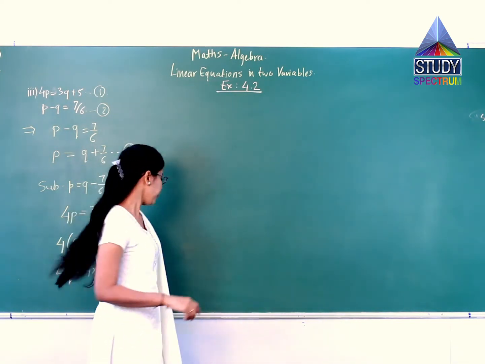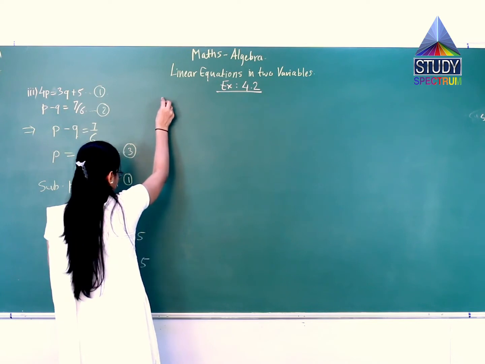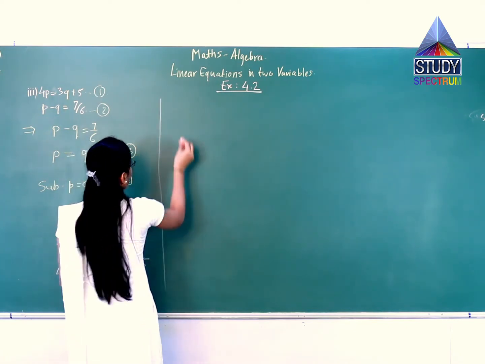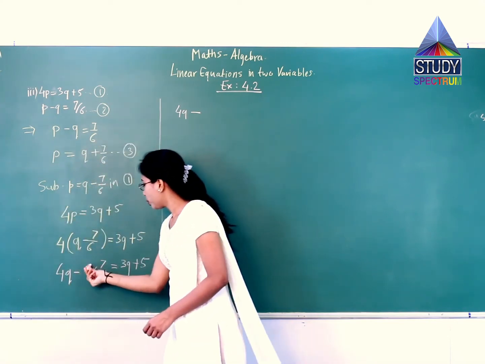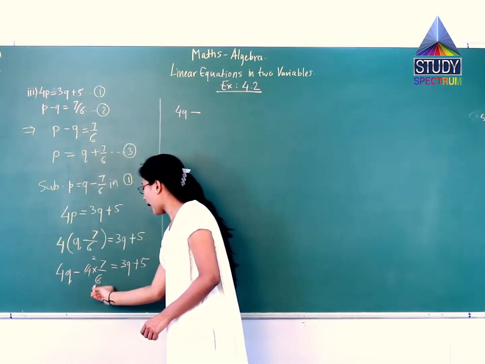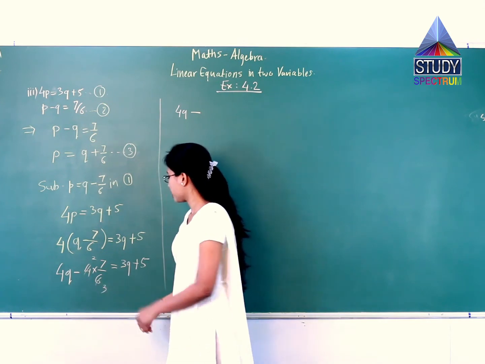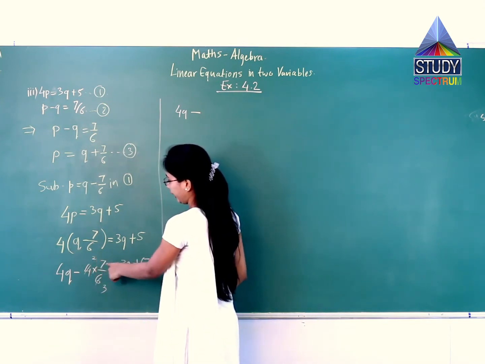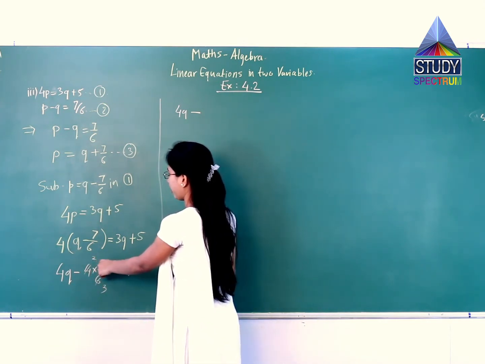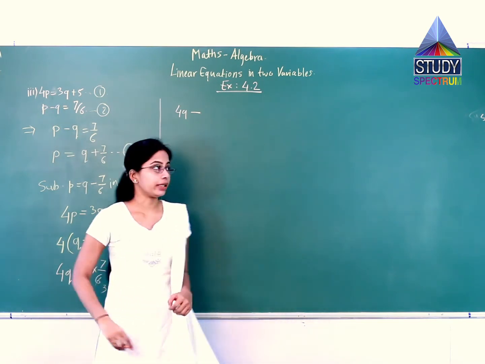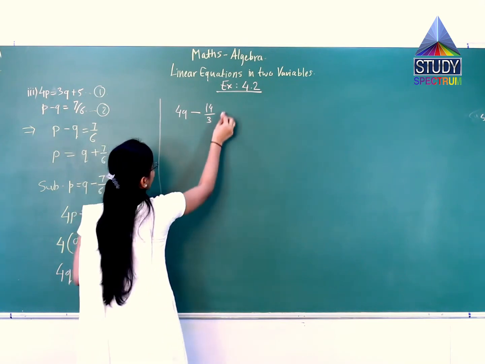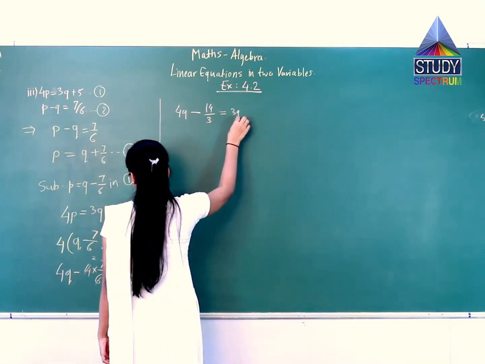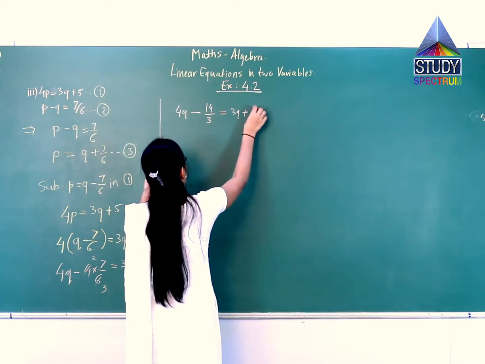So on multiplication I will get 4q plus, here 2 2s are 4 and 2 3s are 6. So actually it is 2 into 7 upon 3. So 7 2s are 14. So 14 upon 3 we will get. 4q plus 14 upon 3 is equal to 3q plus 5.